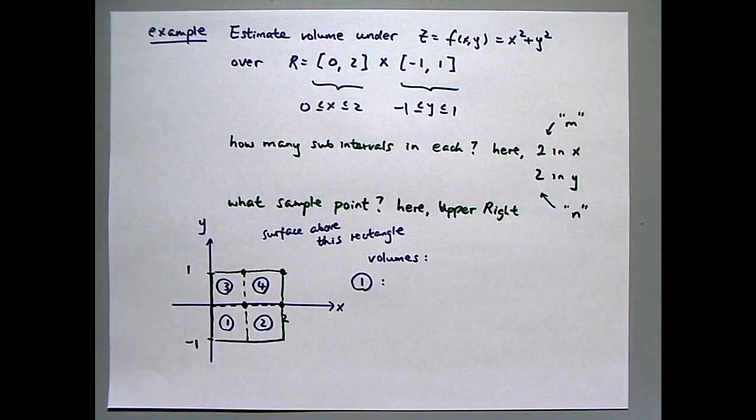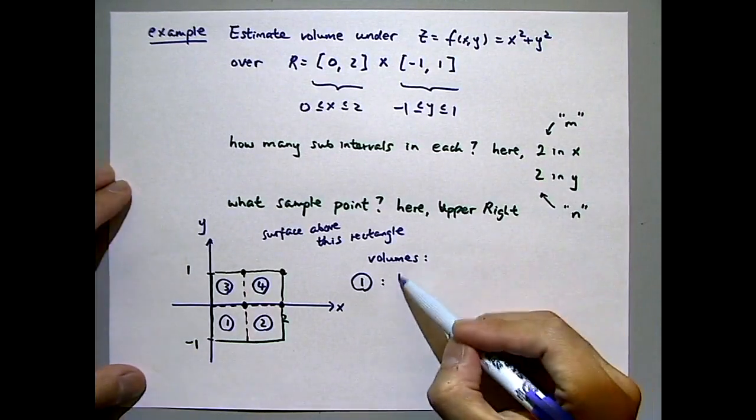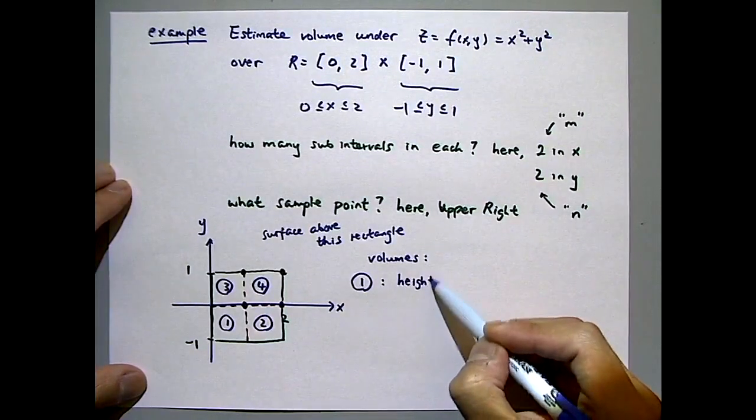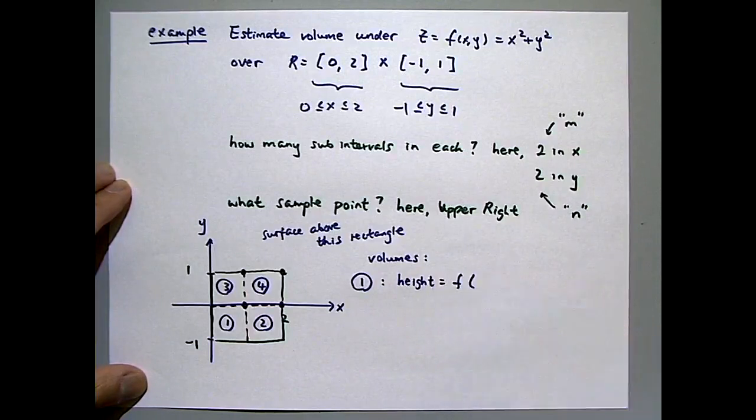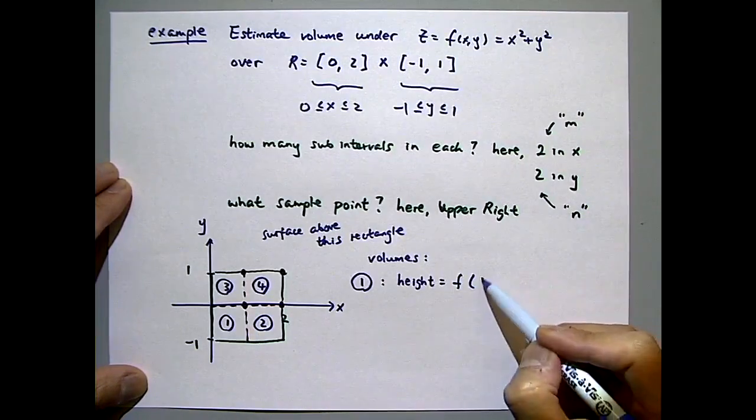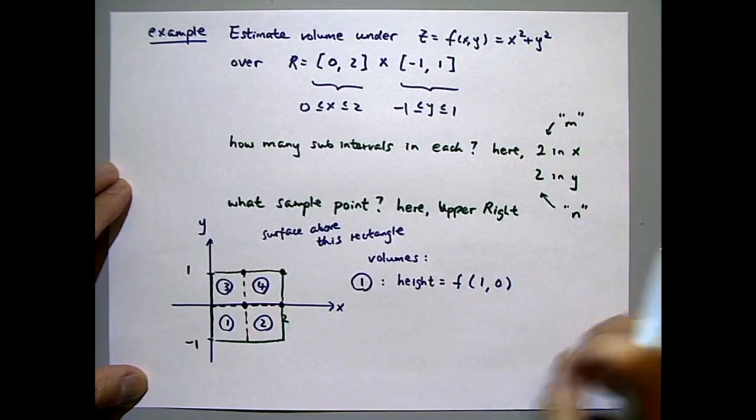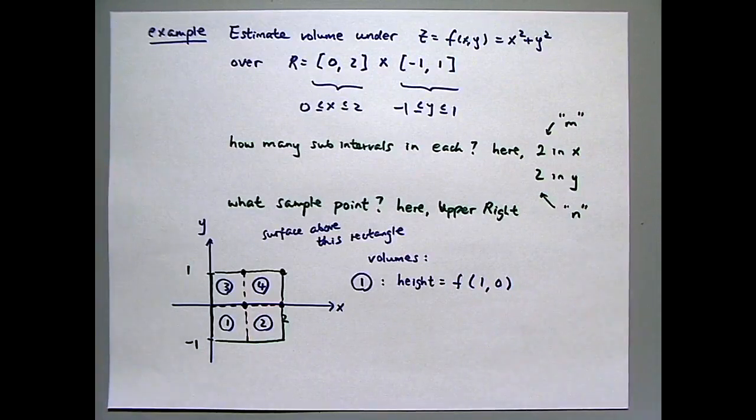First one here, the height is f at (1, 0), right? X is 1, y is 0. Everybody see why I use (1, 0) here? Yeah?